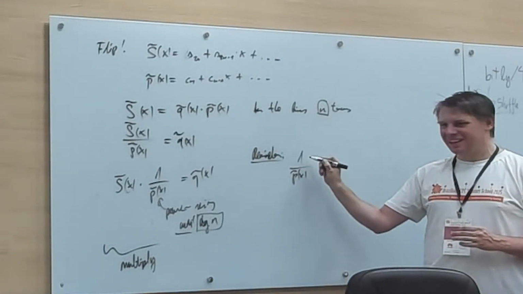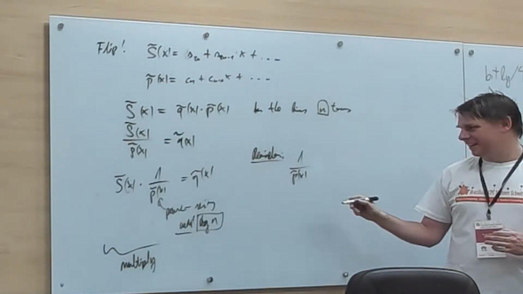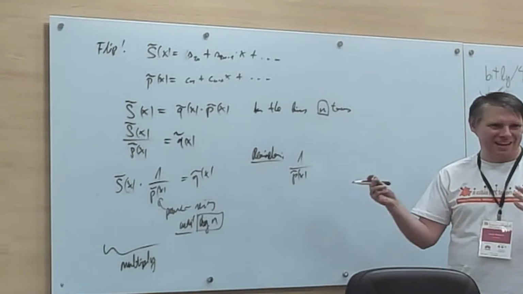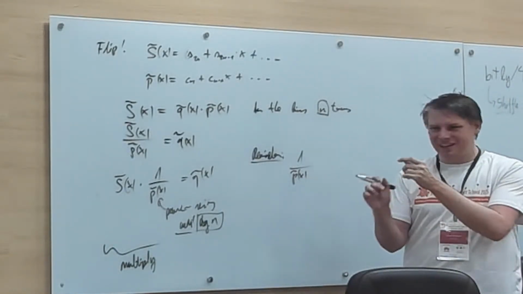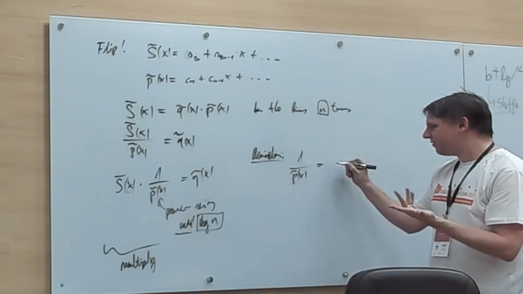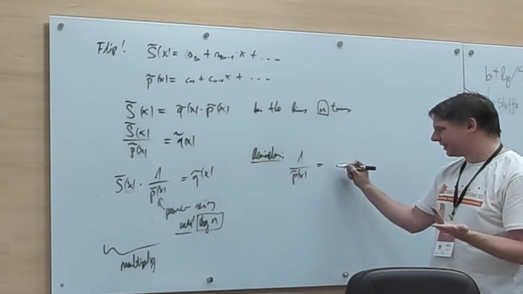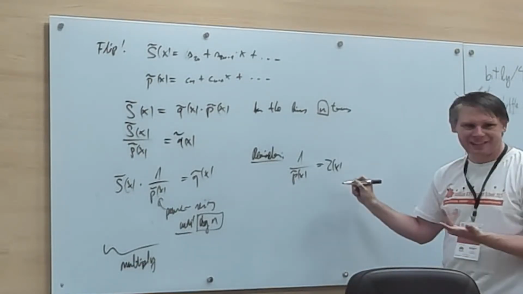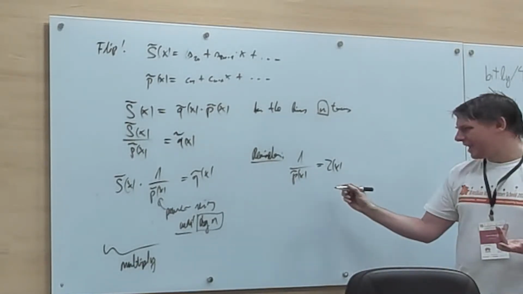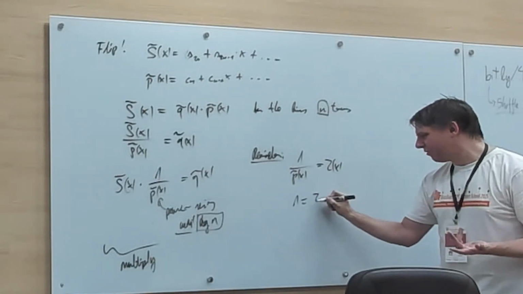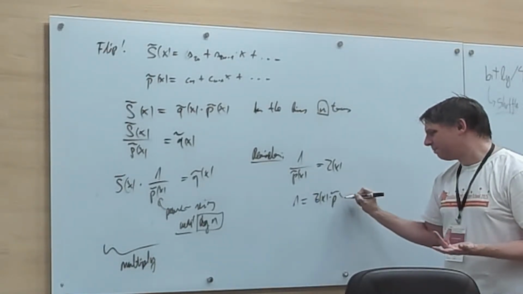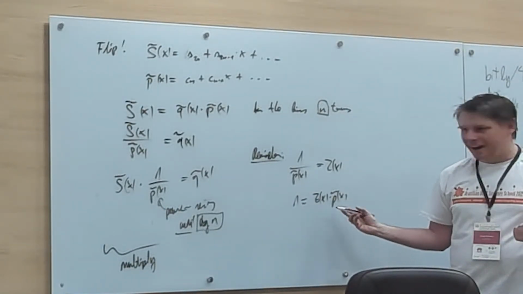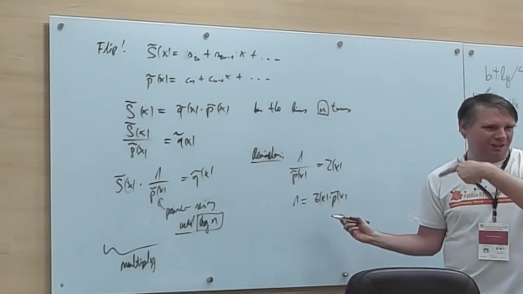So to compute the inverse of the power series, you could do it naively. If this is something that you want to calculate, like Z(x), then the naive way is to say that one equals Z(x) times P(x), and then you just find the coefficients one by one.